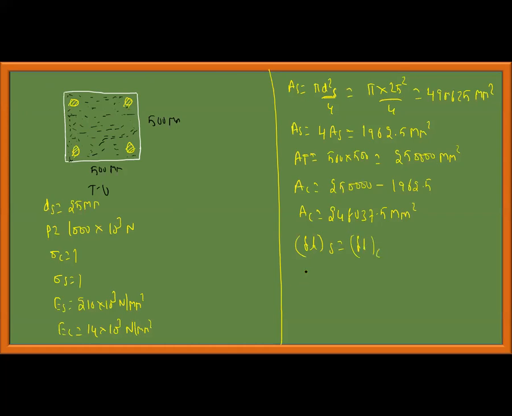Delta L is nothing but PS LS by AS ES is equal to PC LC by AC EC. PS by AS is sigma S. The length remains the same, so I'll cancel it off. Sigma S by ES is equal to sigma C by EC.